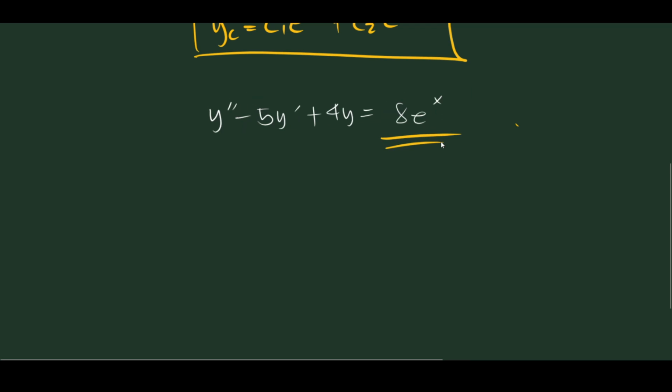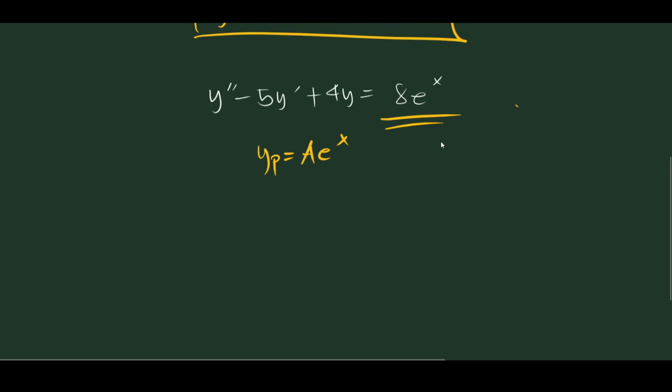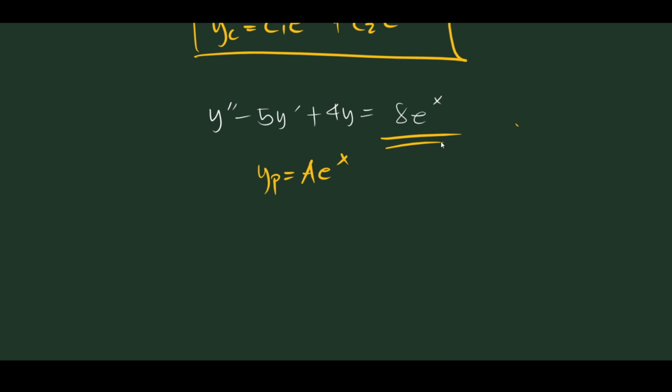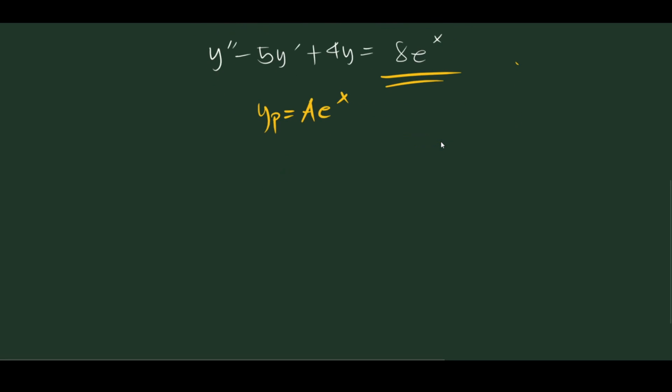Now let's take a look at our g of x. A good guess for this would be yp is equal to a e raised to x, right? Okay, so let's try this. Let's substitute it to our equation. So y prime of p is equal to a e raised to x, and y double prime of p is the same thing, a e raised to x.